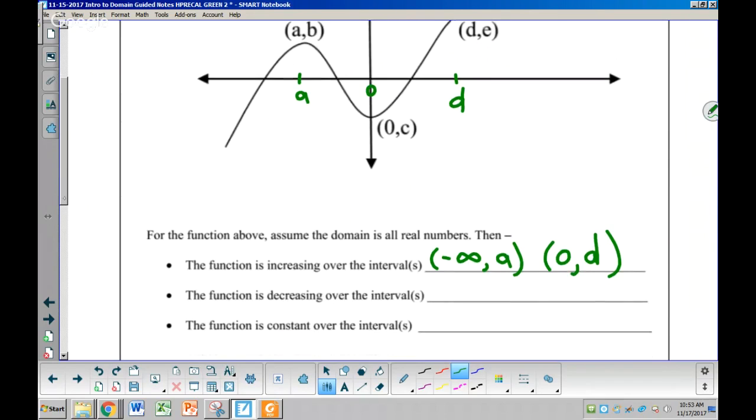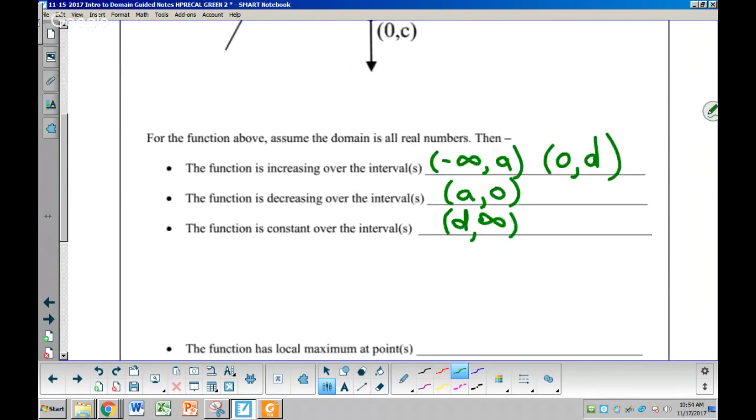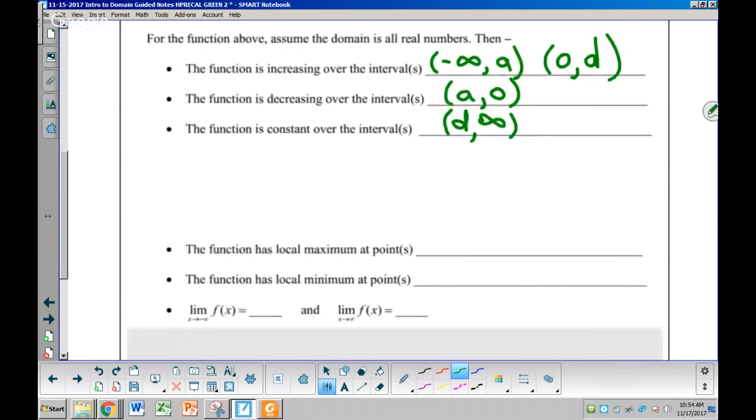Function's decreasing, A to 0. And the function's constant from D to infinity. Now, when I do increasing and decreasing intervals, I do not use inclusivity brackets. Don't do the union one. You can if you like.